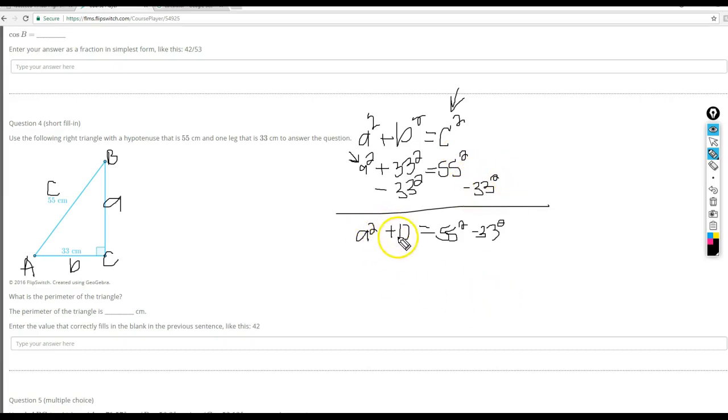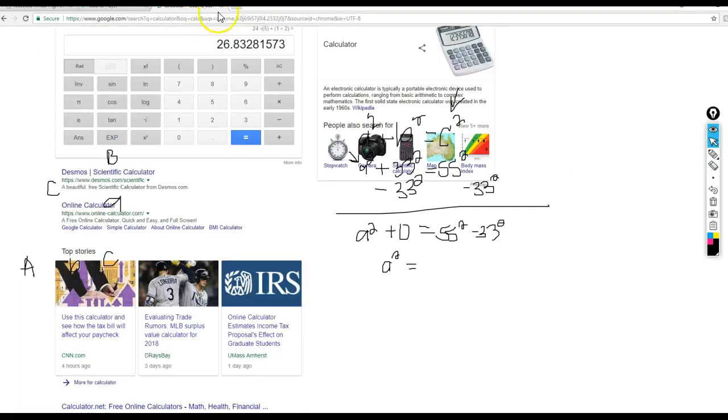So then I have a squared plus 0. Adding 0 doesn't change that value, so I have a squared, which equals, now I'm going to use our calculator and type in 55 squared, so I hit the x to the y, minus 33 x to the y squared, and that equals 1,936.